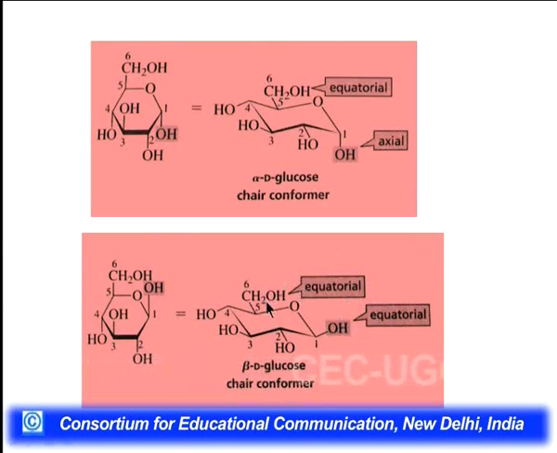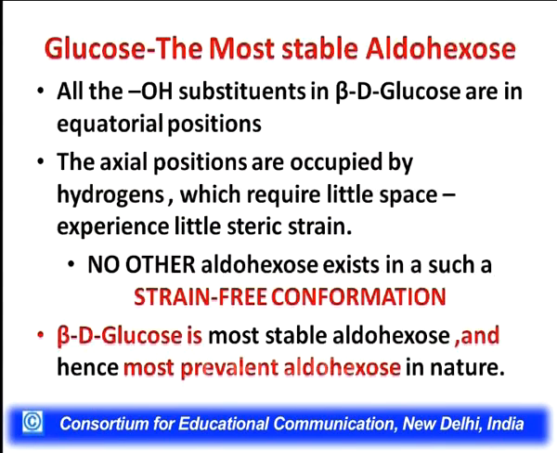At all other asymmetric carbons, the configuration is the same. So the cyclic forms of glucose differ only in configuration at carbon 1. In the alpha form, the OH is pointing downwards, whereas in the beta form, the OH is pointing upwards.